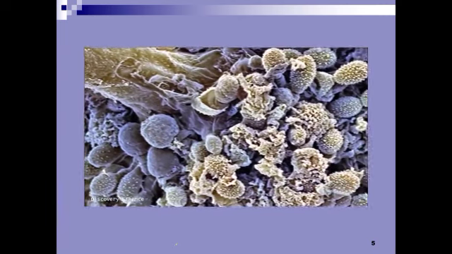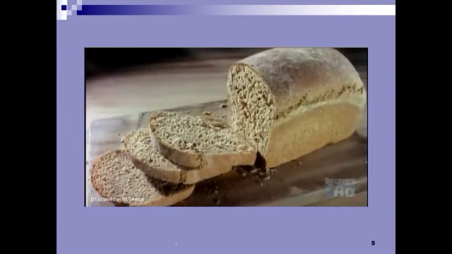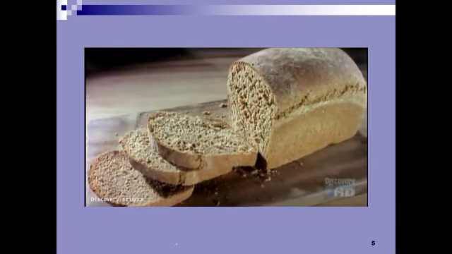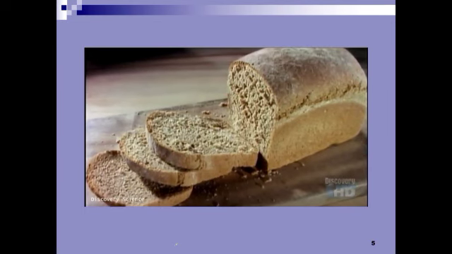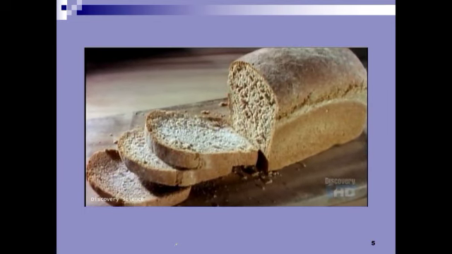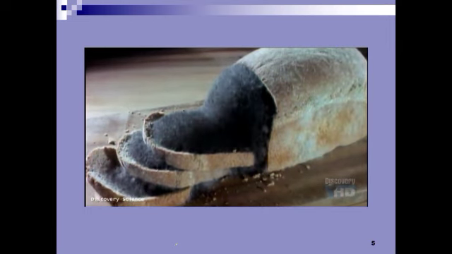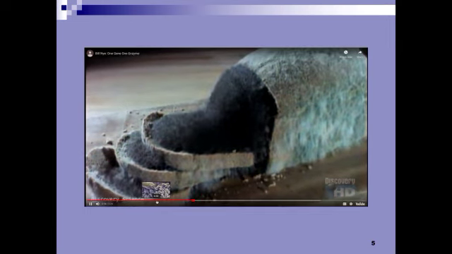For their experiments, Beetle and Tatum selected another simple organism, Neurospora crassa, bread mold. They chose mold because it was easy to grow with simple nutritional needs: bread, air, and water. Neurospora also had a single set of chromosomes, which allowed the researchers to observe genetic changes easily.